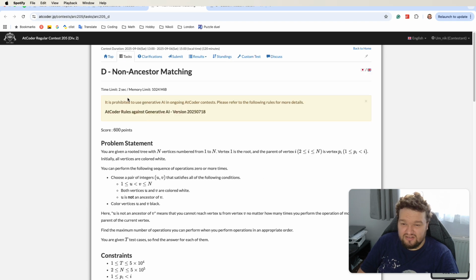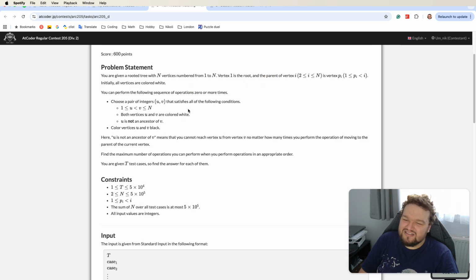Well, yeah, the non-ancestor matching, I guess they formulated it for the people who don't know what matching is, but it is exactly that.